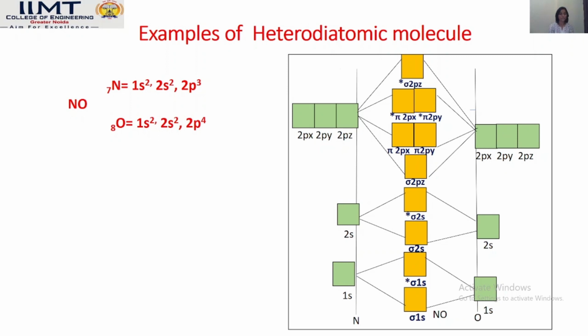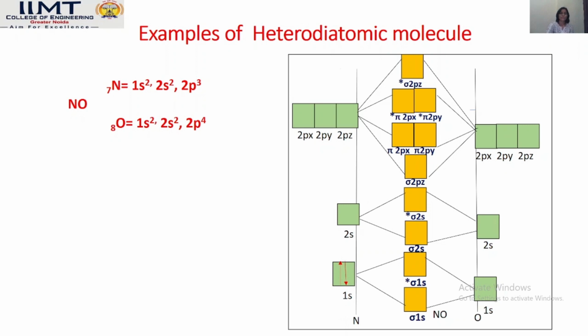Therefore, the atomic orbitals of oxygen are lower compared to the atomic orbitals of nitrogen. When 1s and 1s of nitrogen and oxygen combine, sigma 1s and sigma star 1s are formed. Now electrons are going to be filled in the 1s and 1s atomic orbitals of nitrogen and oxygen.